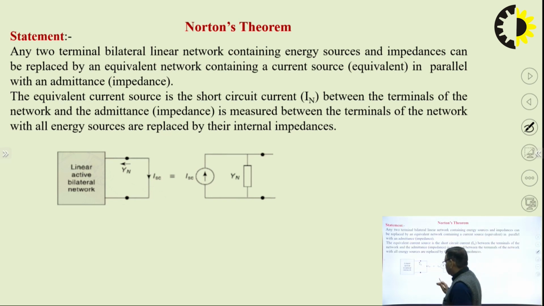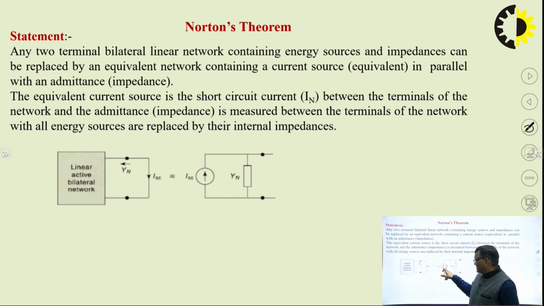This is a complex network containing so many energy sources with their impedances. This circuit can be replaced by this simple circuit containing only one current source in parallel with admittance Yn. So this is the complex one, and this is the simplest one. A complex circuit can be replaced by a simple circuit.